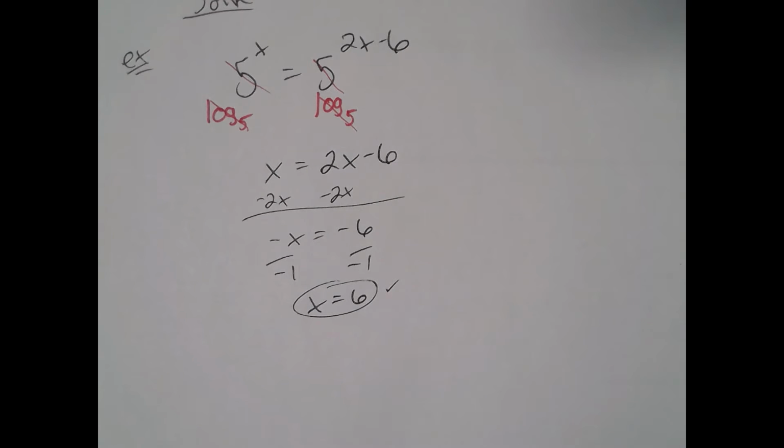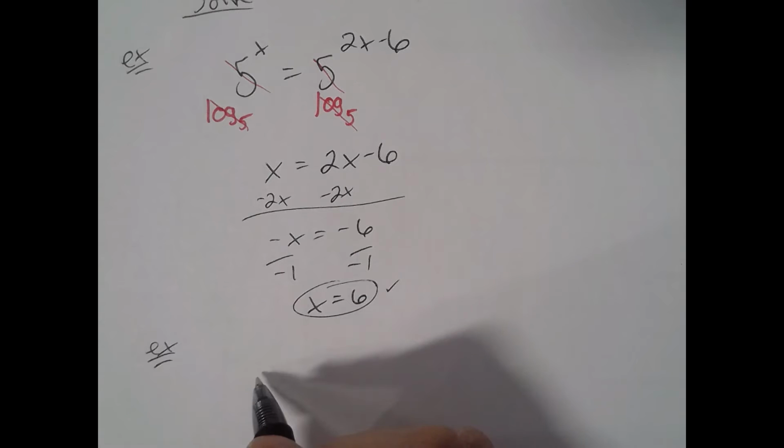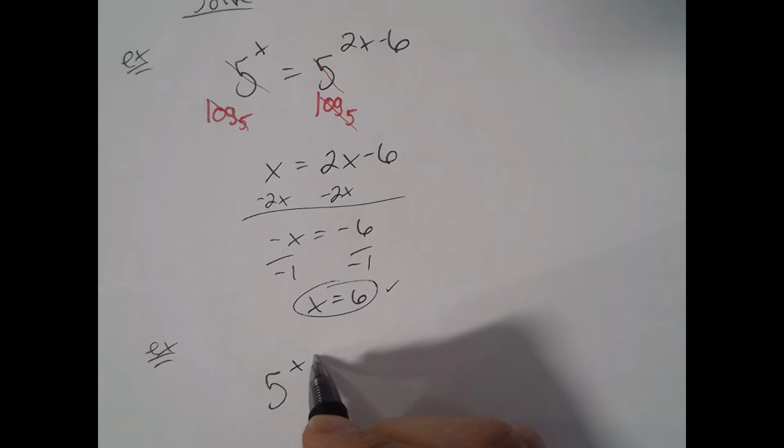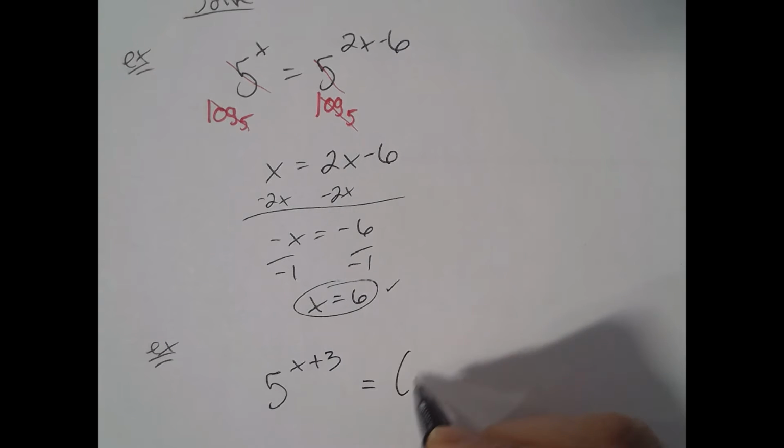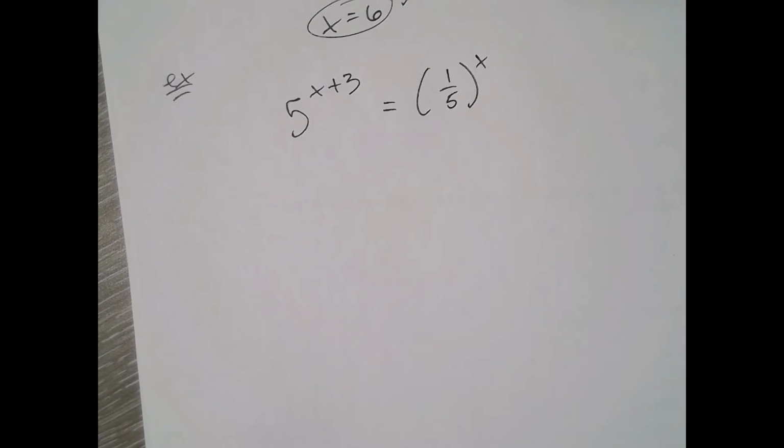Most of the time, you're going to have to make the bases the same. So 5 to the x plus 3 equals 1/5 to the x. Now these have different bases. So you need to choose what you want each base to be on each side.